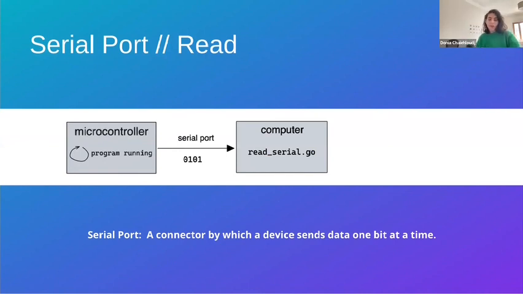On the computer, I will launch a program called readserial.go that will read line by line the output from the serial port. I will not display it today, but at the end I have a link to my repository, so you can find all the samples.